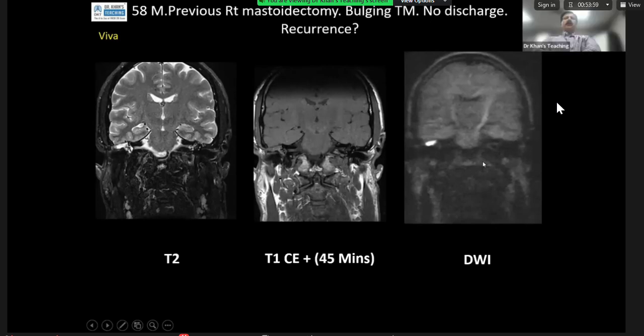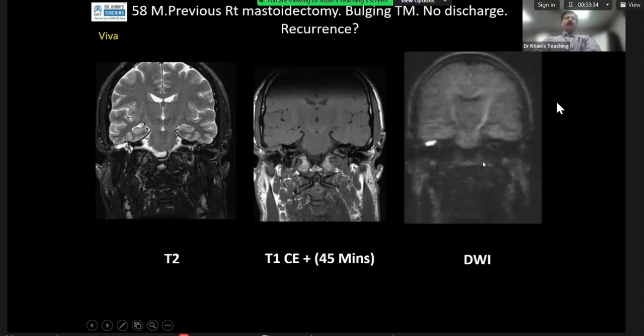Yeah, so let me now tell you something basic about the role of MR in cholesteatoma. Initially, people used to just do CT scans for cholesteatoma. Then people realized that there is a role of MR. The initial role in which they started was in recurrent cholesteatomas.